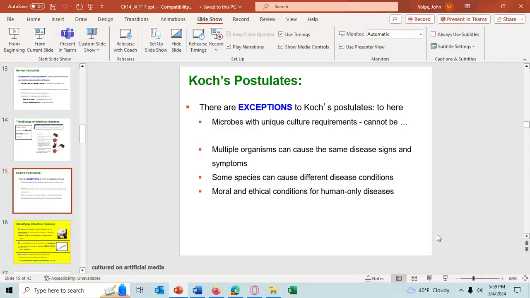Another microbe which we could not grow in tissue culture, and I haven't checked to see if we still cannot, is Bartonella henselae, the organism that causes cat scratch fever. And yet we never got it to grow in tissue culture. So how could we say that it was the organism that was causing the disease? Anyone have a guess? Think about that.